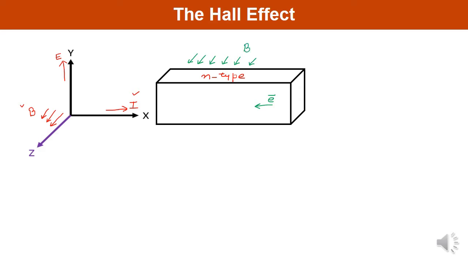Here Lorentz force will act on the electron and you can calculate this Lorentz force on the electron as F equals charge on the electron, minus Q, times velocity with which the electron is moving, and since it is moving in the minus x direction, this is minus x, cross product with the magnetic field, whose direction is z.